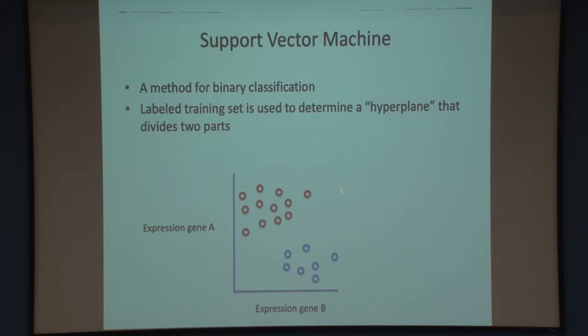So you can see here that the data separates, and just by eye, you could draw a line that kind of separates the two data points. And that's what a support vector machine does. It tries to create a hyperplane, and I'll explain more what that is, that divides two different classes.